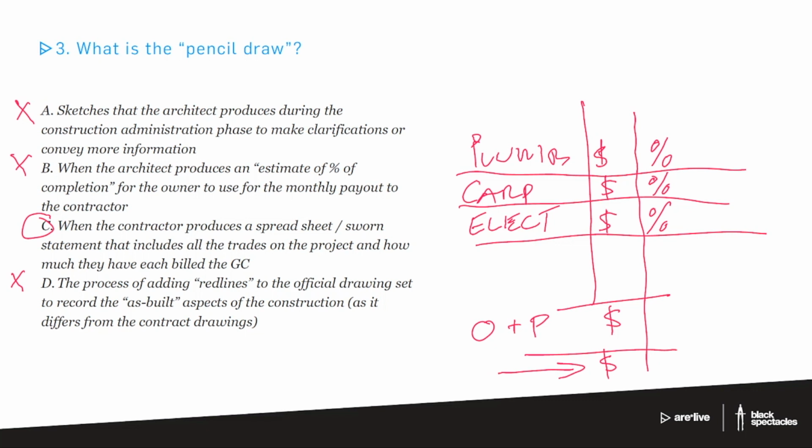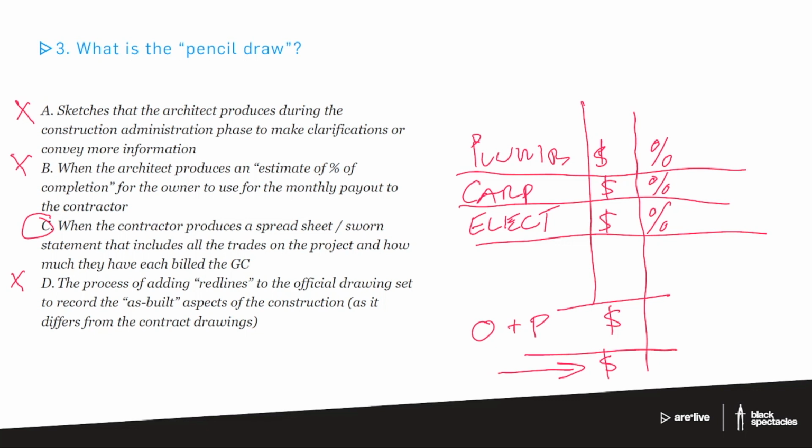Once we get to a point where we all agree, then they produce the final version of that month's payout. I sign it as the architect, the contractor signs it, and then that goes to the owner, and the owner uses that as a tool to know how much they should pay the GC.